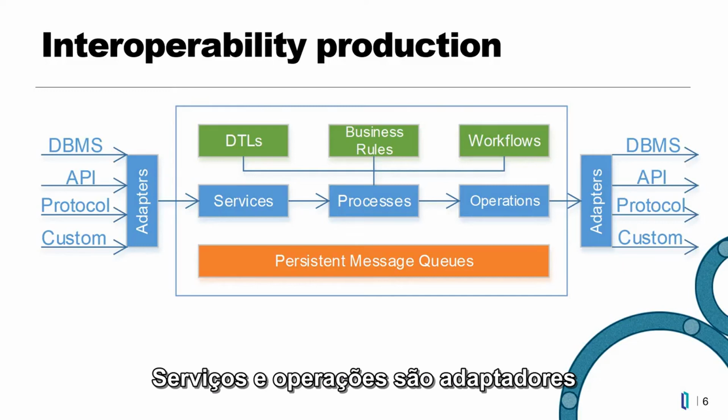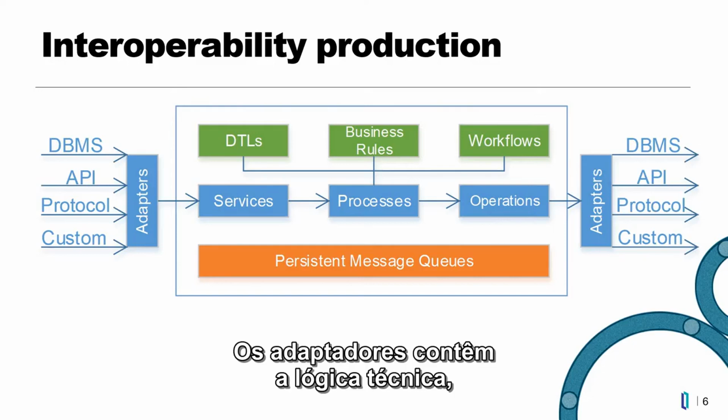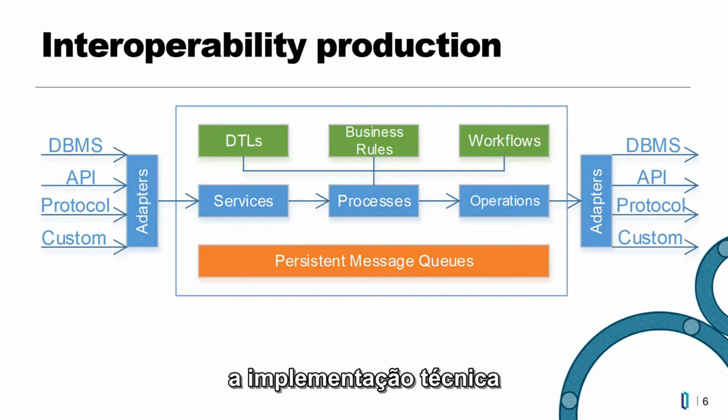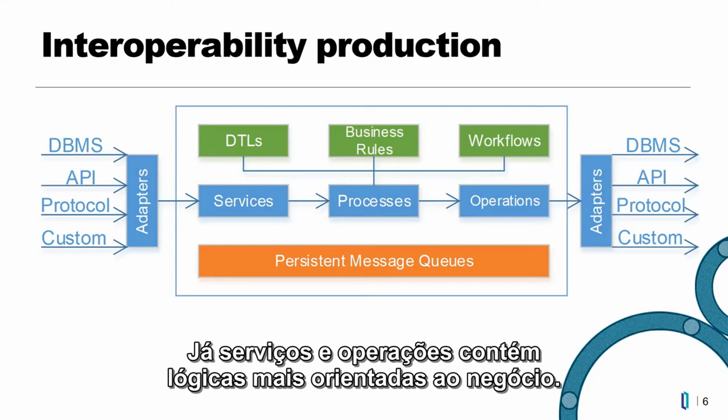Furthermore, services and operations use separate adapters. Adapters contain the technical logic, technical implementations for protocols, and the underlying mechanics to talk to external systems, and services and operations contain more business-oriented logic.